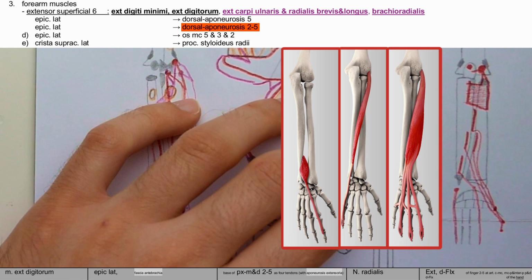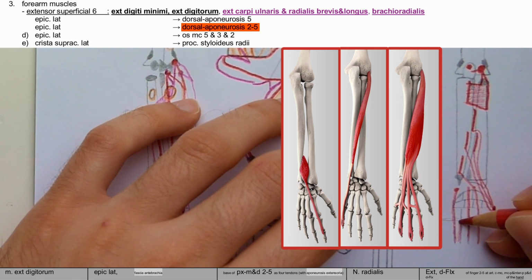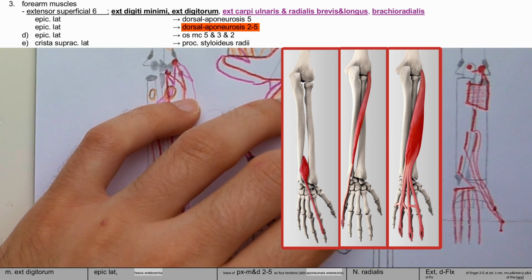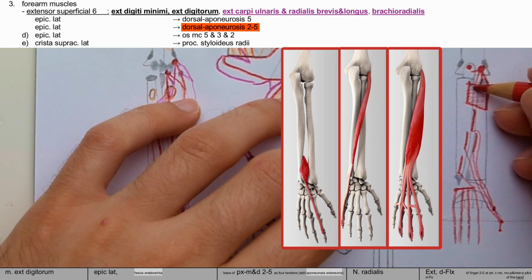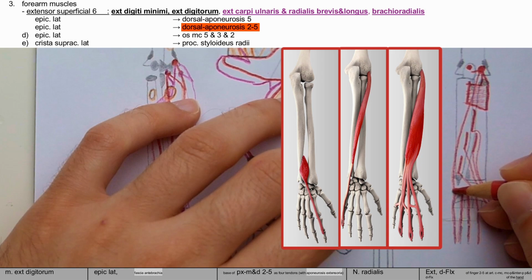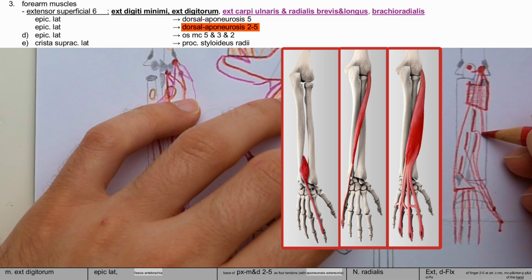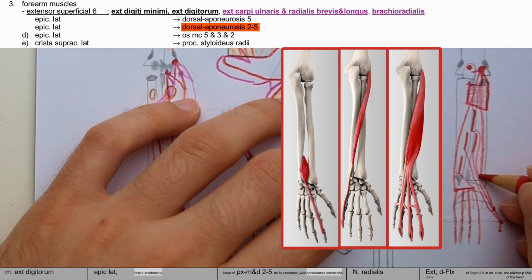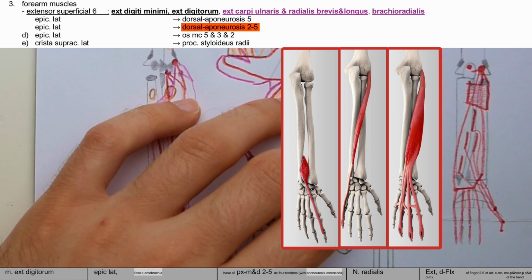For that, we also draw the dorsal aponeurosis of the finger 3 and 4. Now, we draw the musculus extensor digitorum, which covers all previously mentioned muscles and which inserts into the dorsal aponeurosis of the finger 2 to 5.